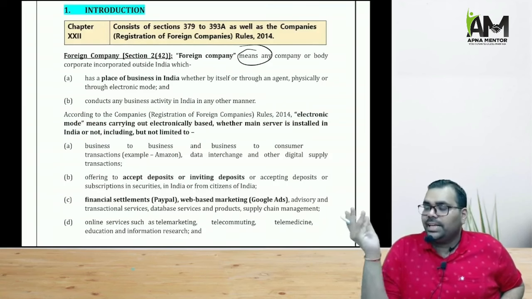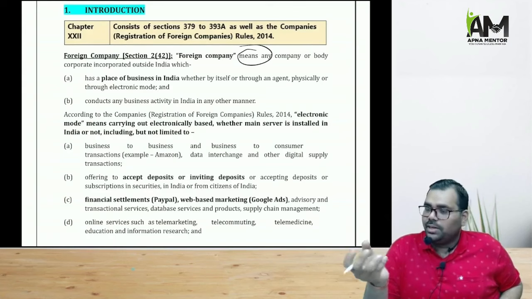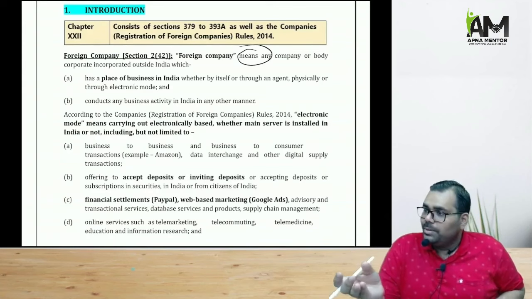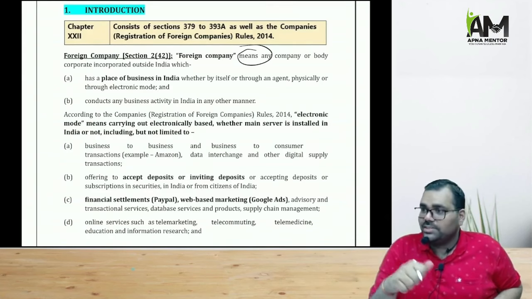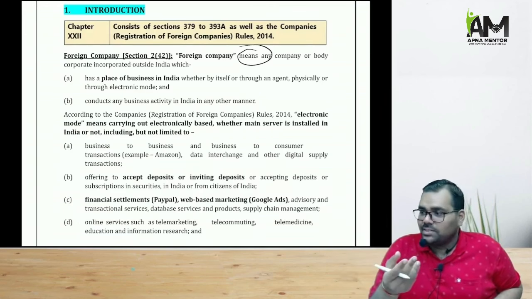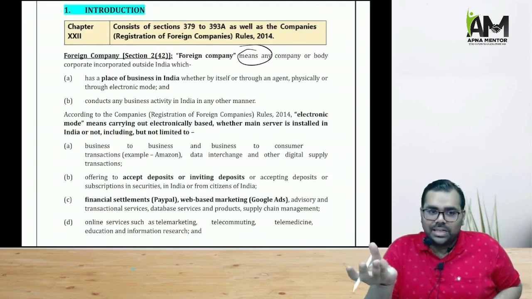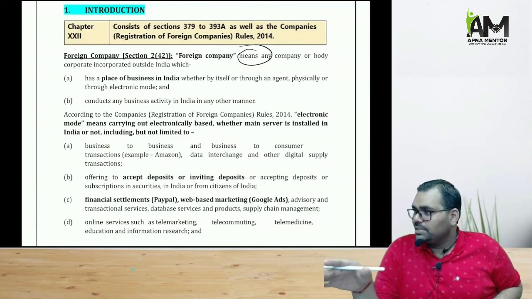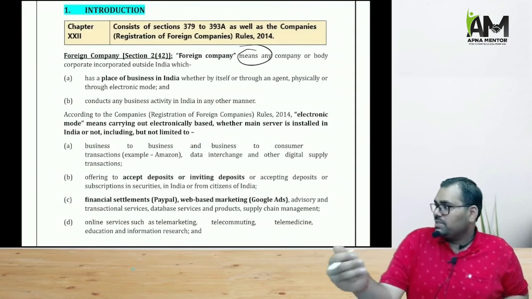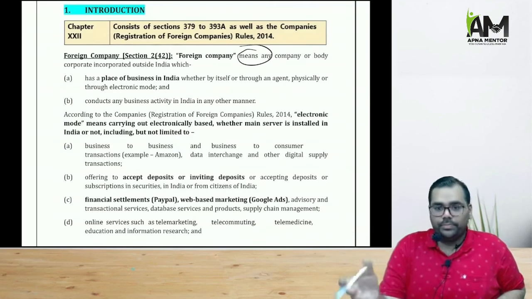There are many foreign companies providing digital marketing services, designing services, and web-based services, designing websites for Indian companies. They do not have a physical office in India, but they provide services in electronic mode.